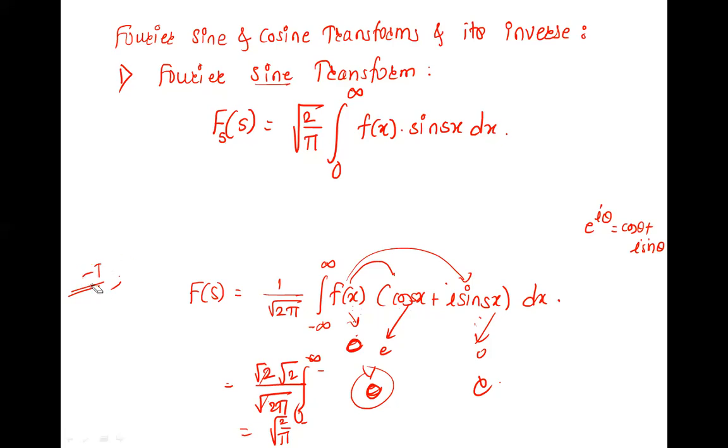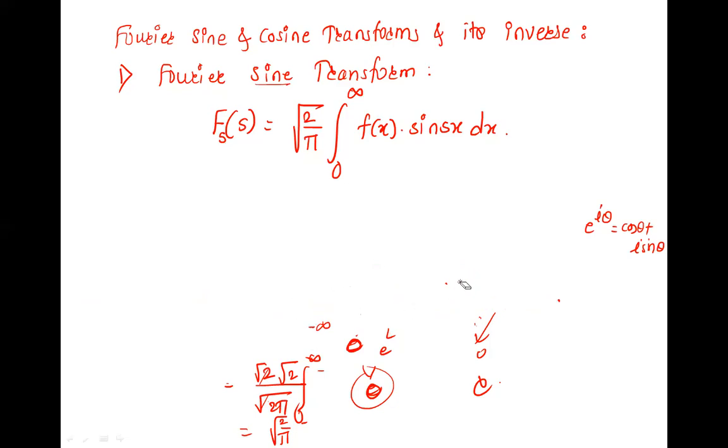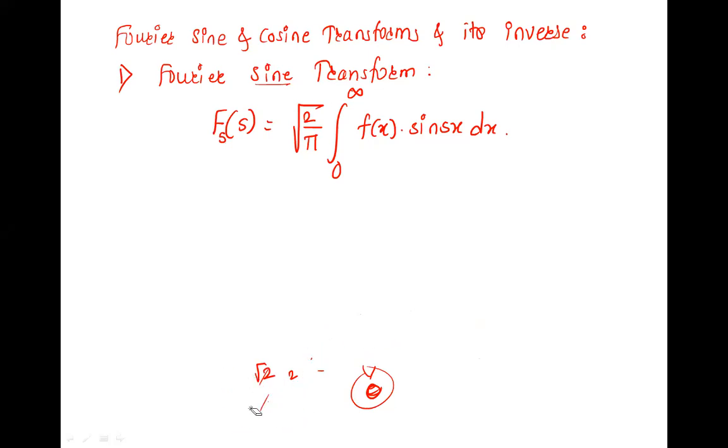Now can you tell me what will be the Fourier cosine transform? Cos sx instead of sine. Sine will only be replaced by cos sx, and that will be the Fourier cosine transform.